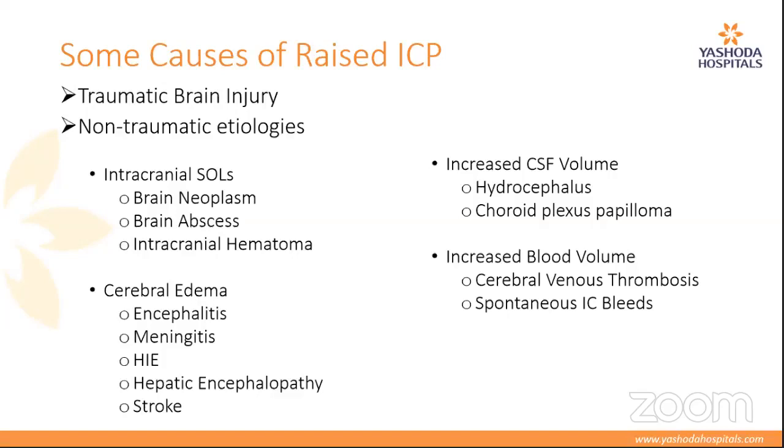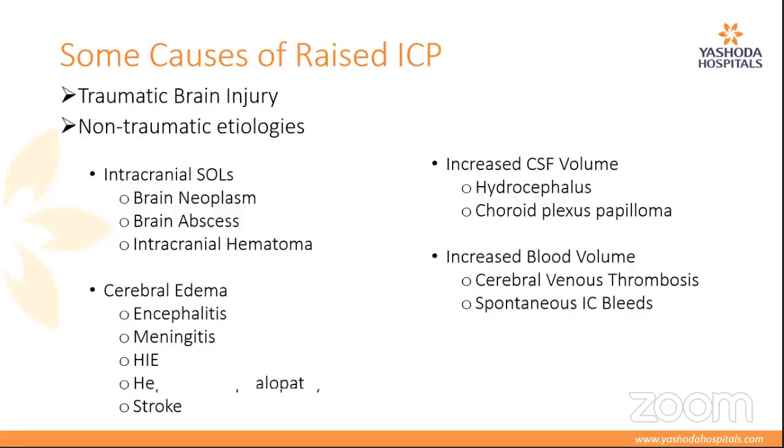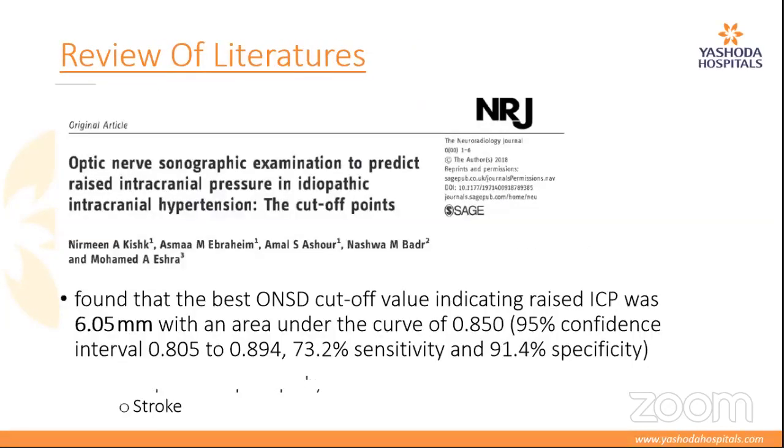If you see the review of literature, that is, the recent articles which have been published, this is an article by Nirvin et al. It was conducted in 2011 in post-pubertal females. 99 post-pubertal females were taken and compared to 35 normal females.